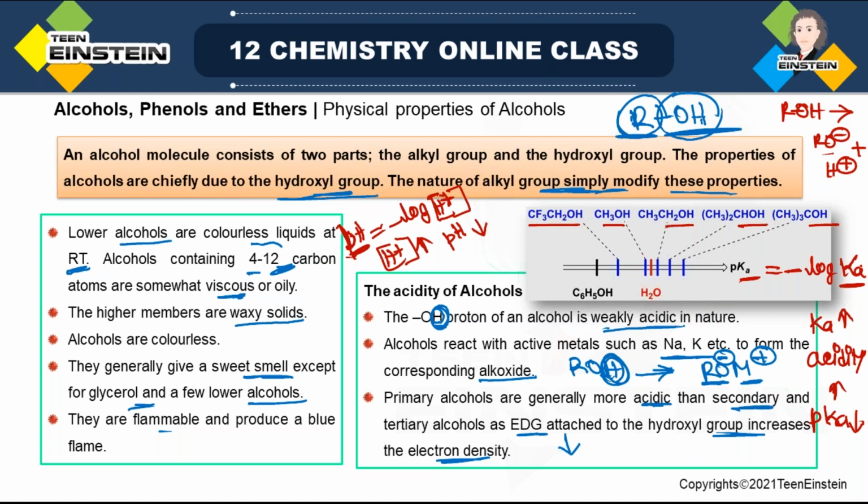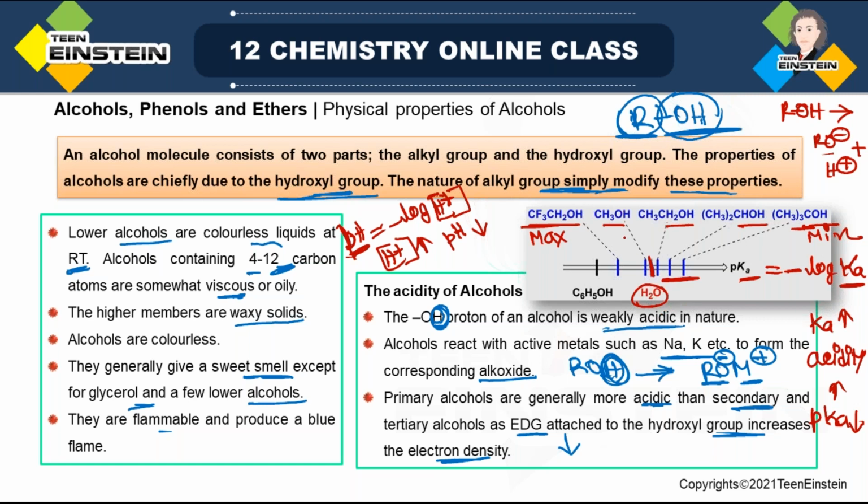Now, pK decreasing means what? This is maximum acidic and this is minimum acidic, which is clear from this pK. And see here, this red line that you are seeing, this particular value is for water. So all the molecules on the right hand side of this red vertical line, which is for water, that is these three molecules, their pK is even greater than water.